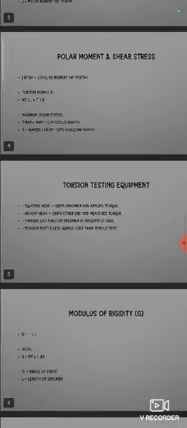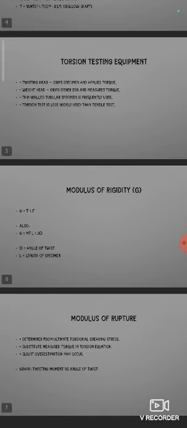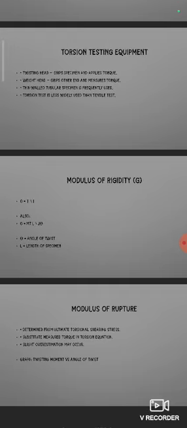Now coming to the next point, modulus of rigidity, also called the shear modulus. Modulus of rigidity is defined as the ratio of shear stress to shear strain.